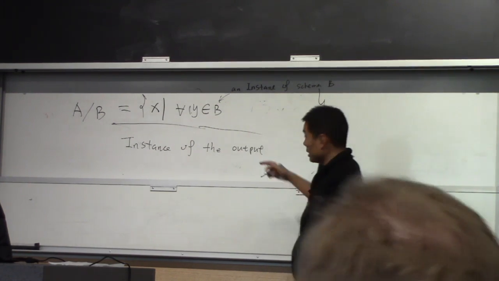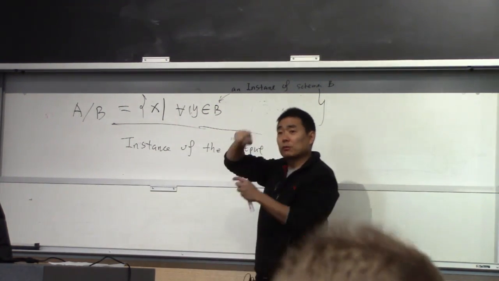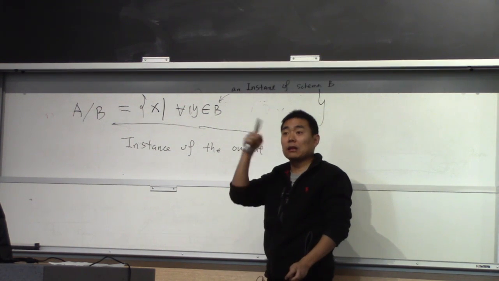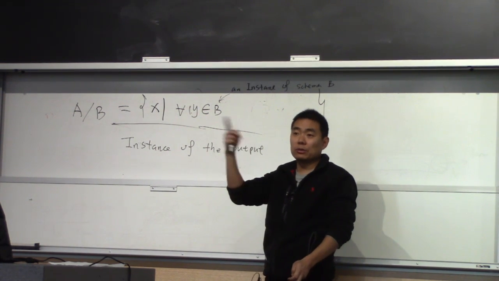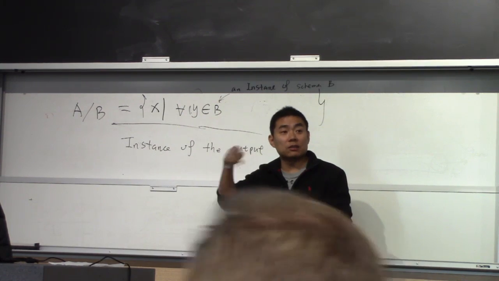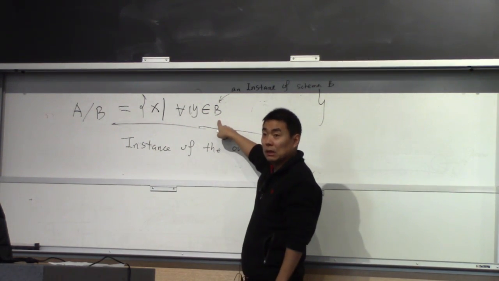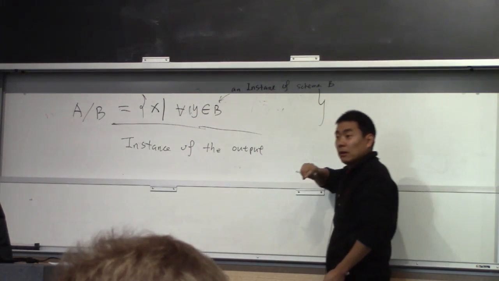I'm building the notation a little bit. B referred to both the schema and its instance, depending on the context. So B referred to either the schema or the instance of that schema, depending on the context. Here I'm using B as the instance of that. Okay? That make sense?